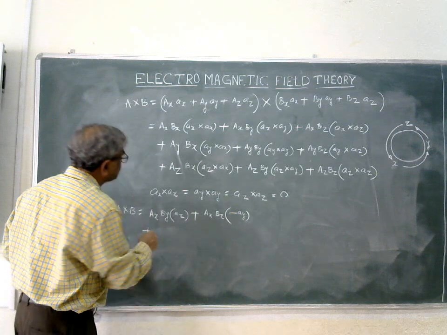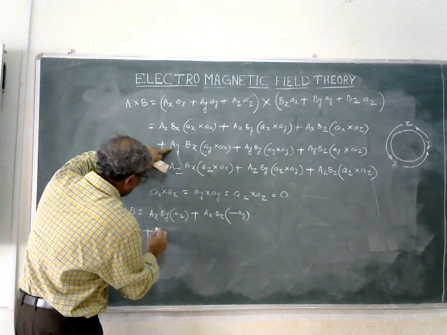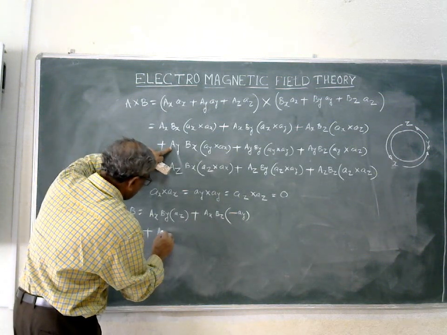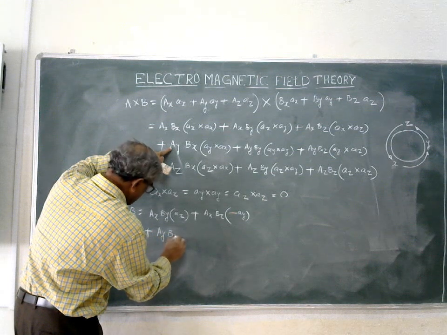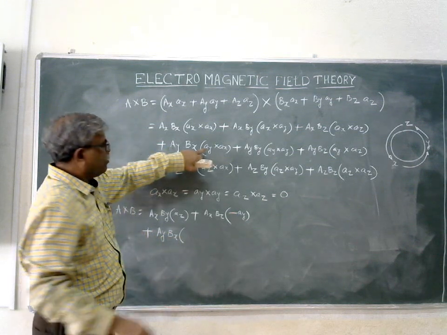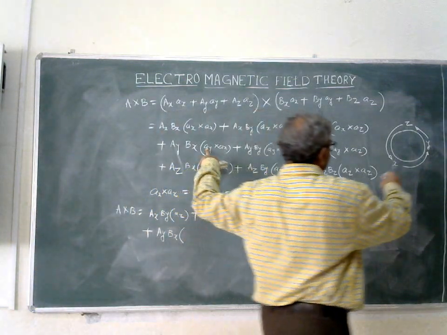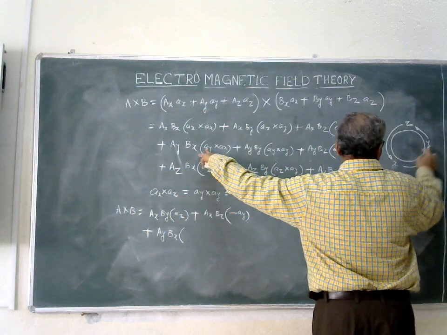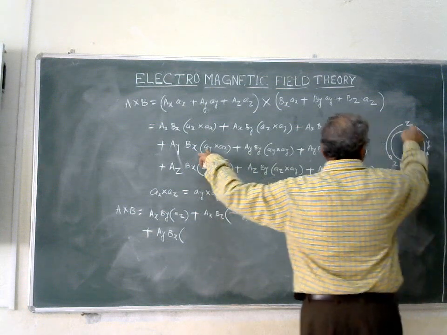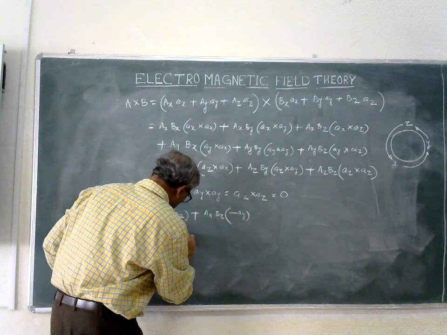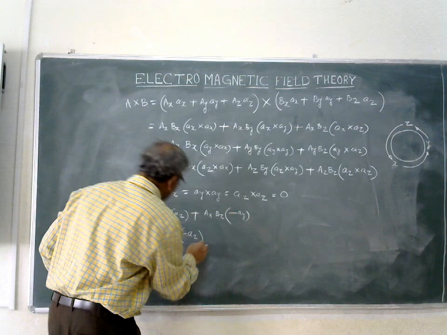Next, Ay Bx: Y is rotated towards X, which is in the negative direction, so minus az.